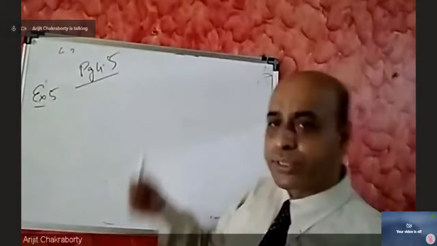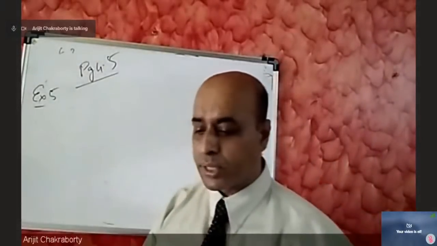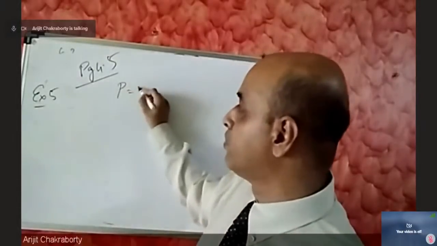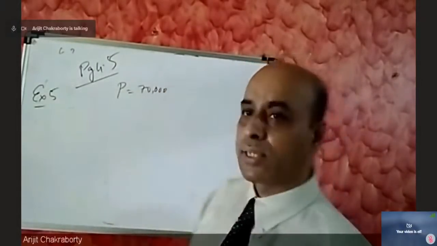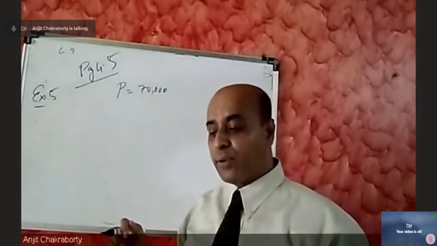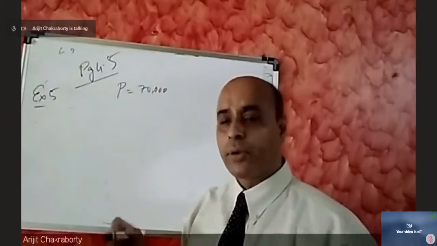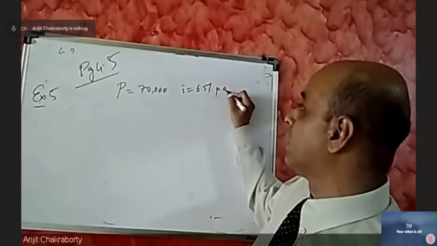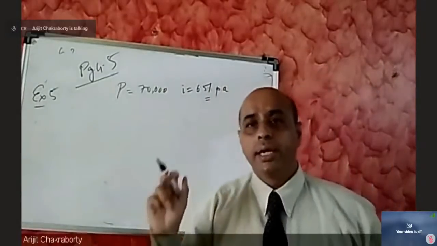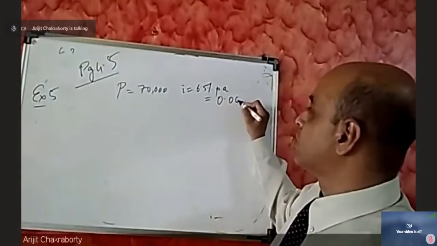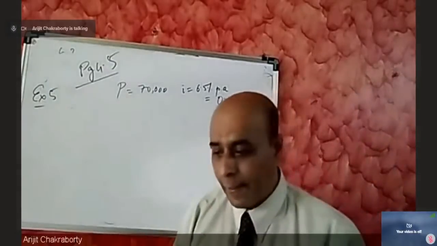Now, the question is, please open the question. Rahul invested 70,000 rupees in a bank. So the principal is 70,000. Invested 70,000 in a bank at the rate of 6.5% per annum, which means the decimal equivalent is 0.065.